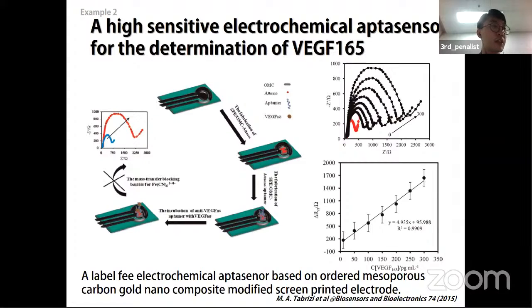And the last example is a high sensitivity electrochemical aptasensor for the determination of a cancer marker.